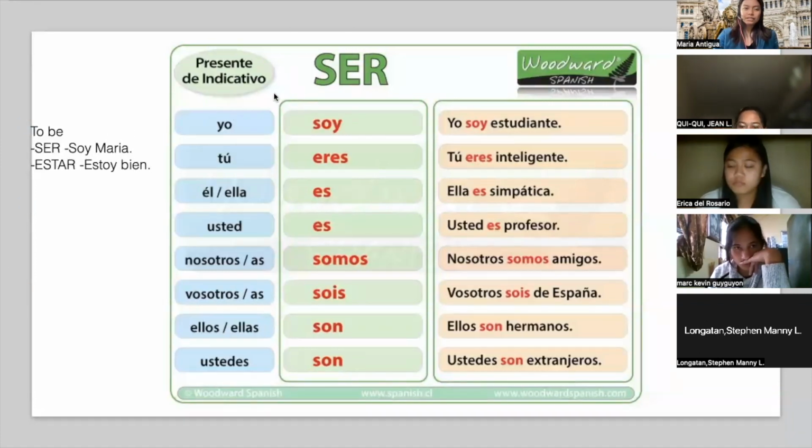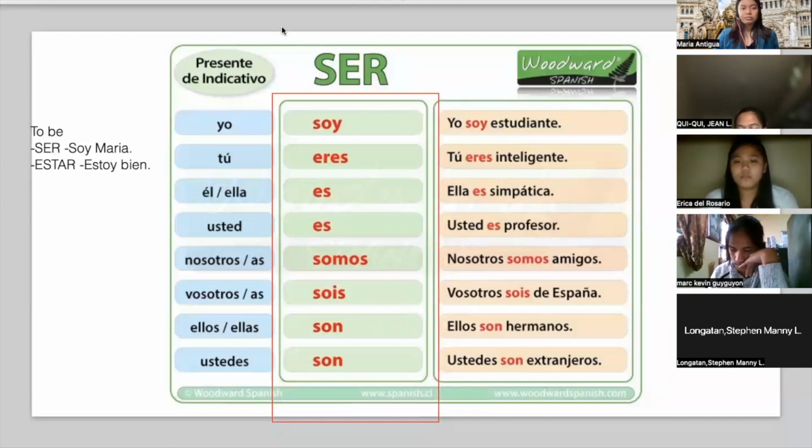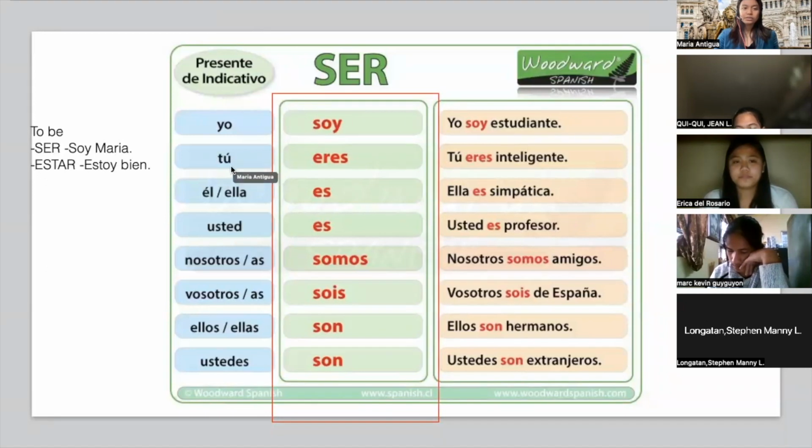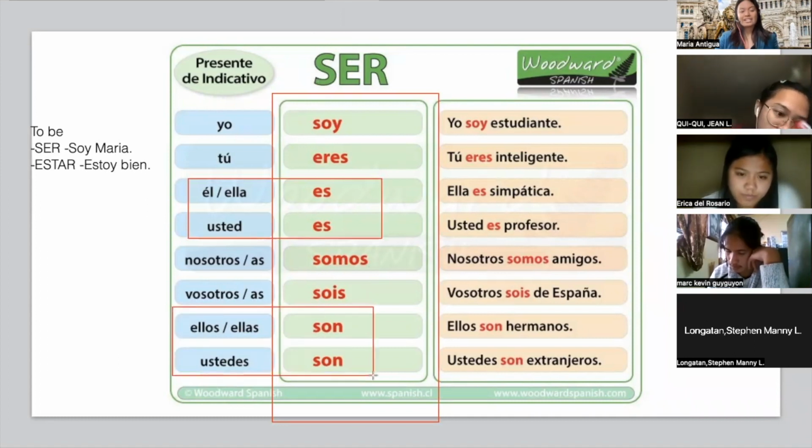So as you can see here, these are now the conjugations. Pag yo soy, tú eres. No? Ella, él, usted, parejas. Nosotros somos, vosotros sois. We also have ellas, ellos, ustedes, parejas.